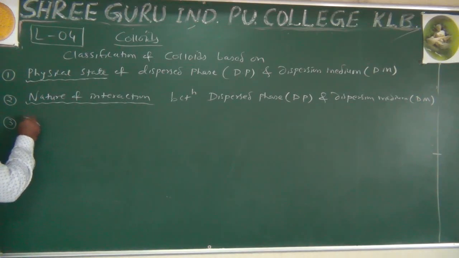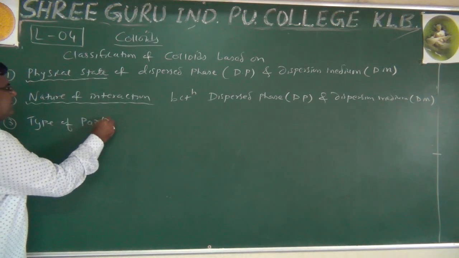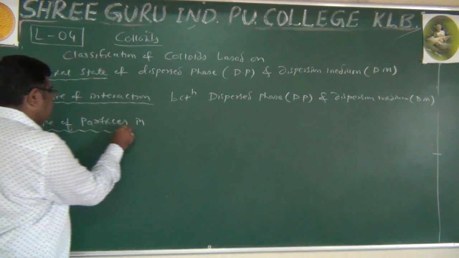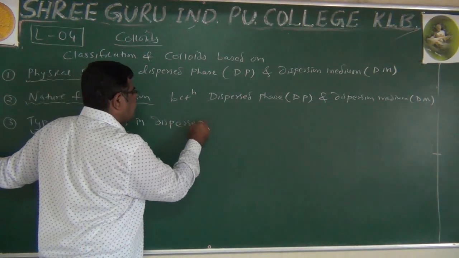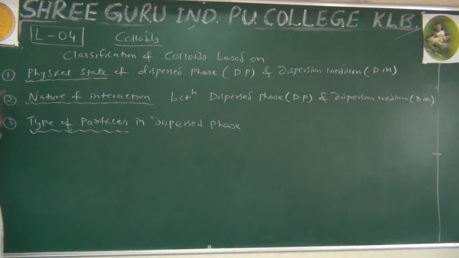And third is the type of particles in dispersed phase. So on this basis, we have to classify the colloids. As we are learning them first time, it is better to classify them so that we can increase our understanding about them.